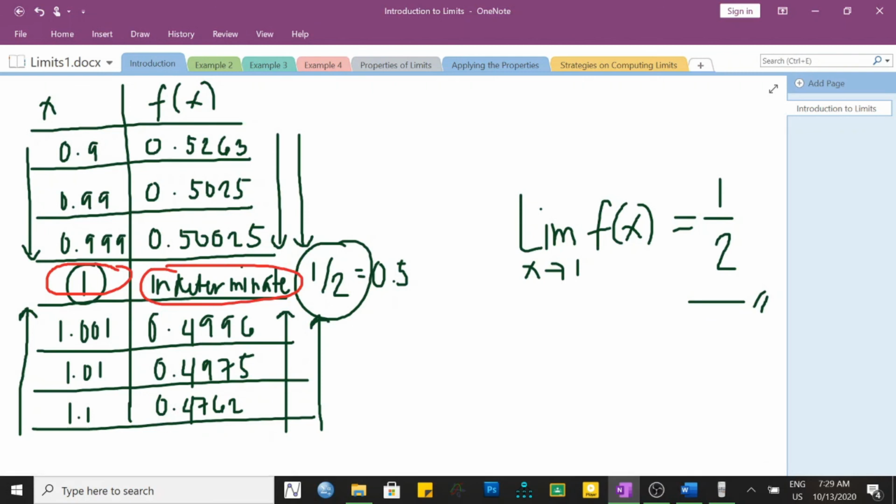What we are trying to say here is that f of x is behaving in some way if we choose x values that are close to x equal to 1. It is approaching a particular number. That number, this number 1/2, is called the limit of that function as x approaches 1. That is our introduction for limits.